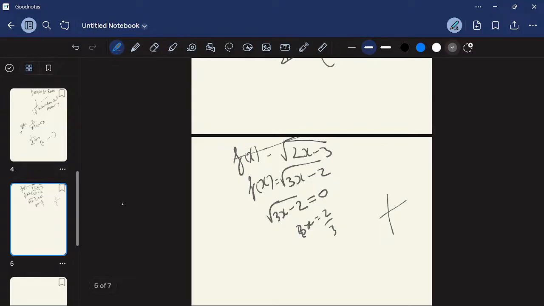When x is 2 by 3, let's say it's here, the y becomes 0. So it could be like whatever, something like that. I'm just making it up, but yeah.